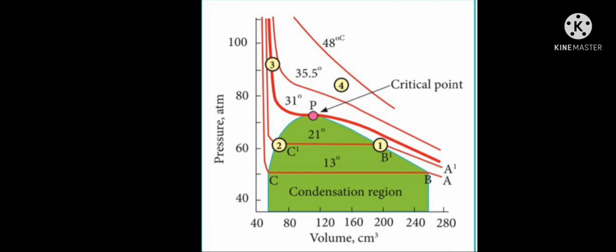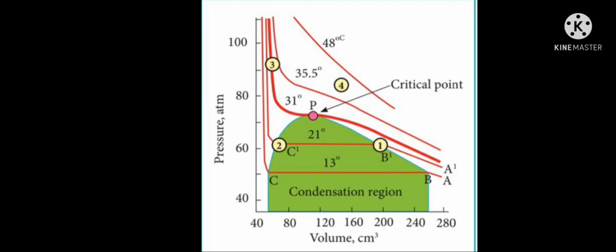In this graph, the x-axis is volume axis, the y-axis is pressure axis. So in the graph, at a temperature of 13 degrees Celsius, the pressure increases, volume decreases along AB. If you move from point A to point B, the pressure increases and the volume decreases and it is present as gas until the substance reaches point B. At point B, a liquid separates along the line BC.